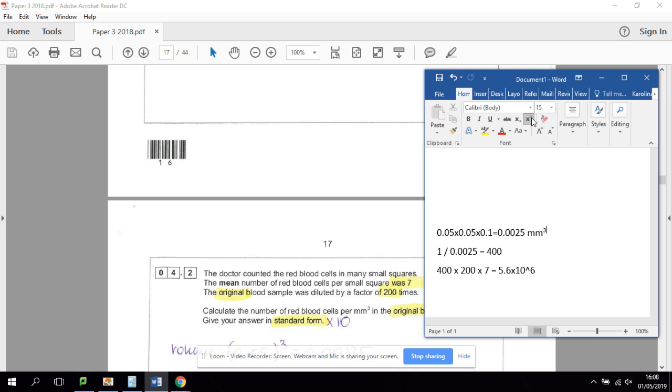And where do the rest of the numbers come in? They say they diluted this by 200 times, so I multiplied this by 200 to get my original answer. And 7, where is 7 coming from? Because the mean number was 7. So in my final answer, I've got 5.6 times 10 to the power 6. So that's the working out for 4.2.